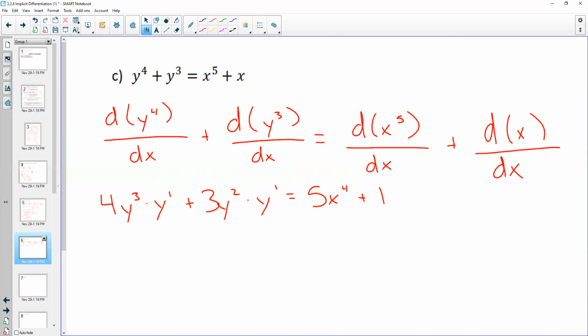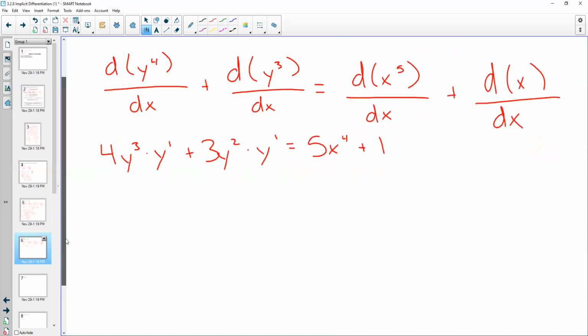Okay, so what's next? What do we want to do? We have common terms over here. Yeah, factor out y prime. That's a good idea. So y prime, if we factor that out, we'll just have 4y cubed plus 3y squared equal to 5x to the 4 plus 1.